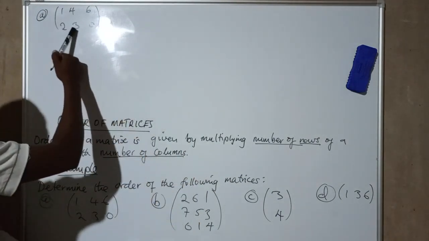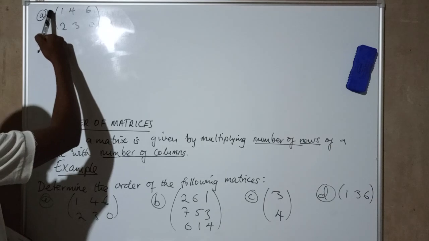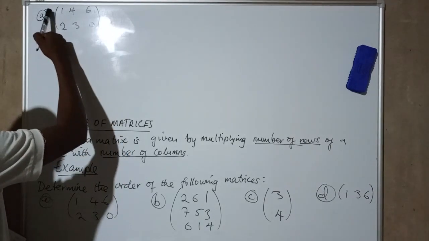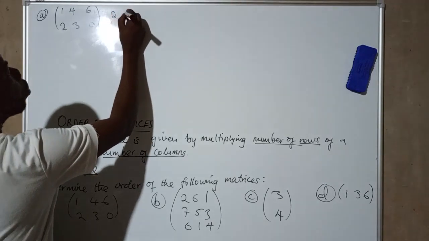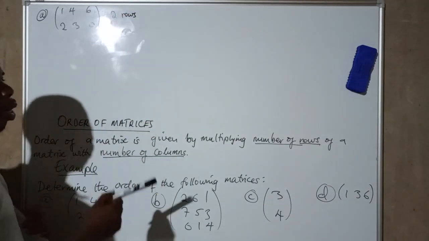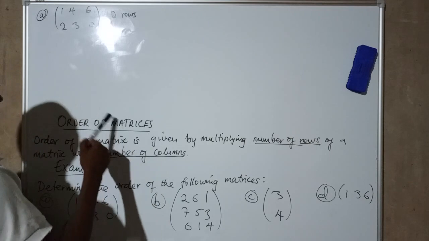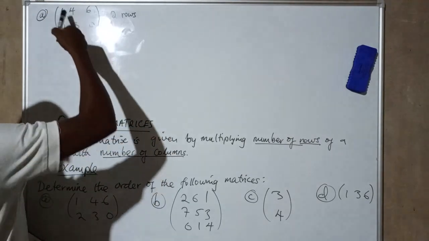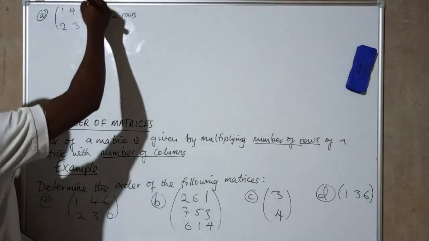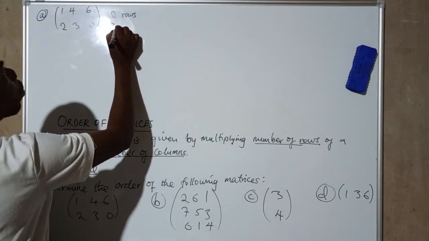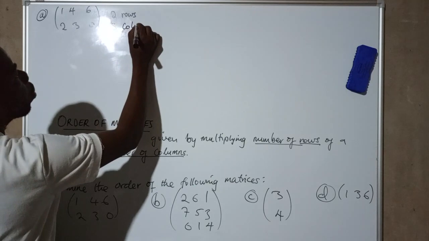So we need to know the rows here. Rows, I said, are horizontal straight lines. So here we have 1 and 2, so we have 2 rows. Then the columns, I said, are vertical straight lines. So we have 1, 2, 3. The lines that can pass through these numbers are 3, so we have 3 columns.